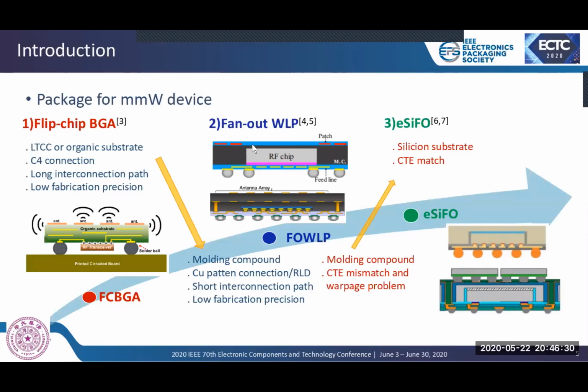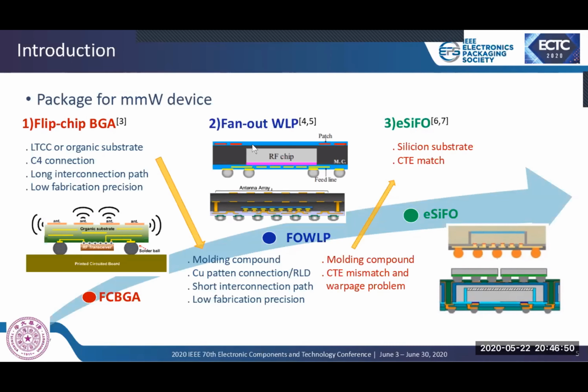What's more, because of low precision, such package methods face great challenges in millimeter wave devices. Known for small dimensions, low cost, and short interconnection paths, fan-out wafer level package has been employed.